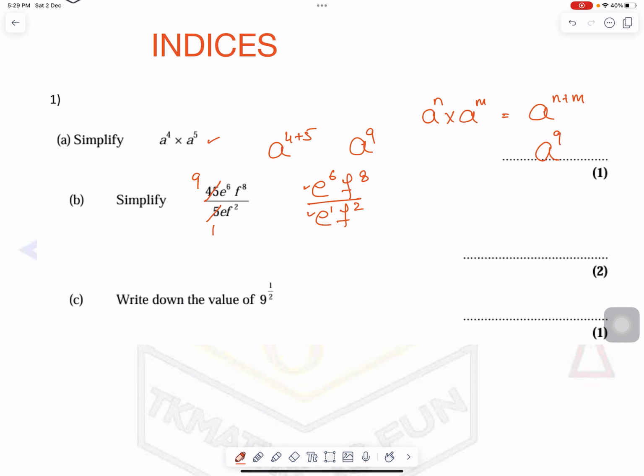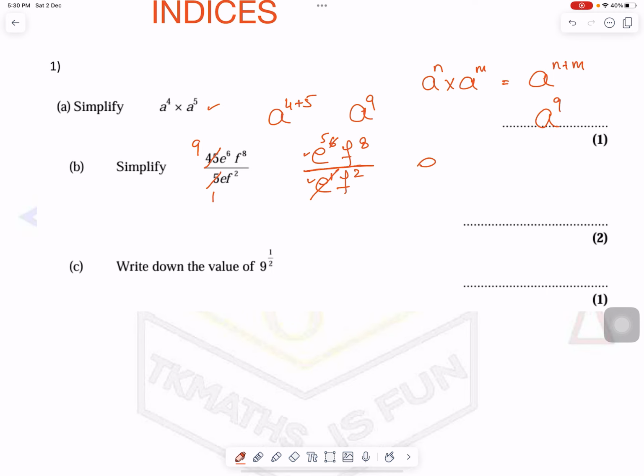So how will you solve it? Just see e first of all. It has e power 1, it has e power 6. And this line means division. So you can do it mentally also. If you want to cancel this, it means 1 e will cancel out and 5 will be left behind. Or you can do e power 6 minus 1, your choice. You can cancel out directly also.